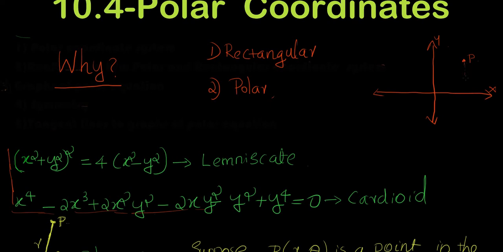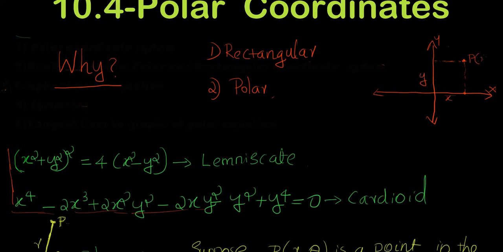We have to draw a vertical line to the x-axis and find this distance. Also draw a horizontal line to the y-axis, and so this is the distance x and this is the distance y.